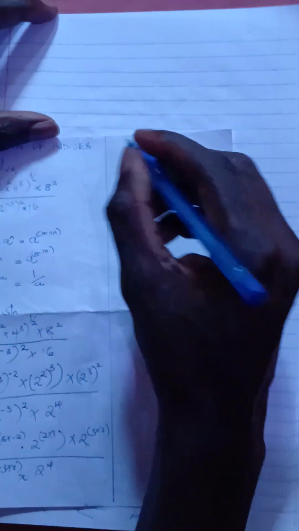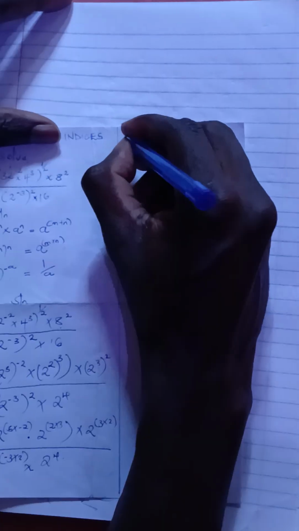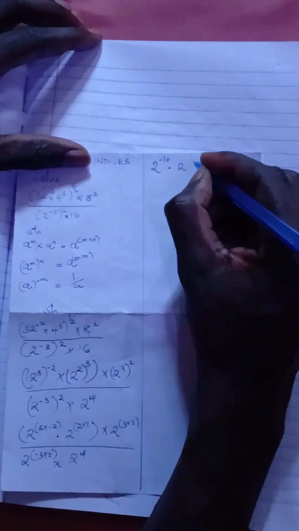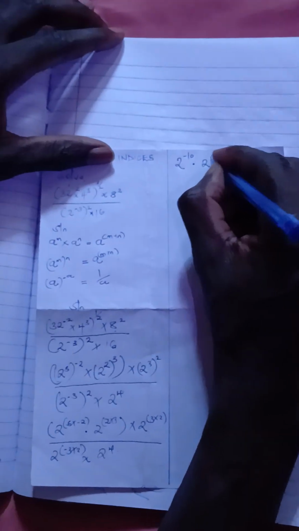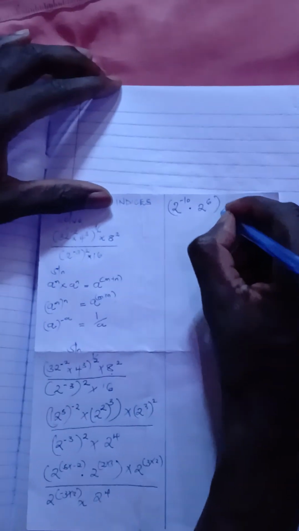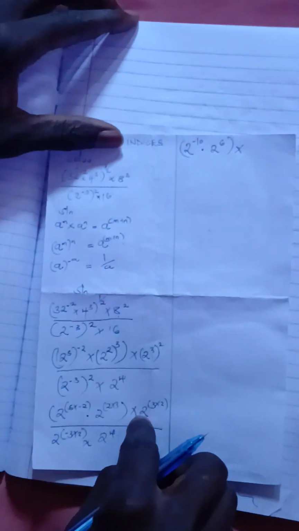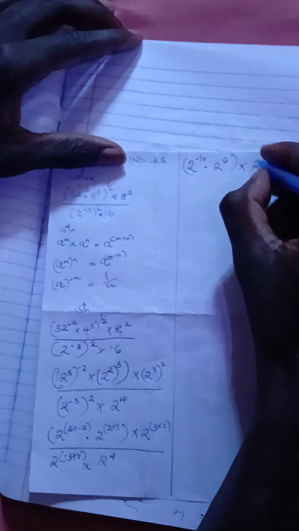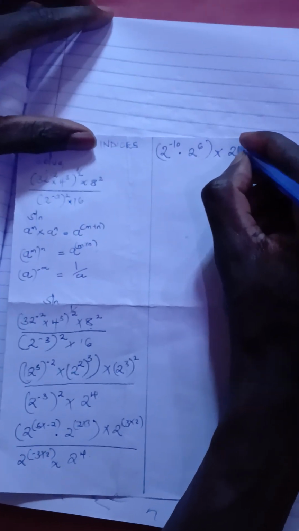So if we multiply this one, simplifying, we have on the numerator 2 raised to negative 10, multiplying, of course, 2 raised to 6. So all of this one in bracket, and then outside the bracket we have 2 raised to half.